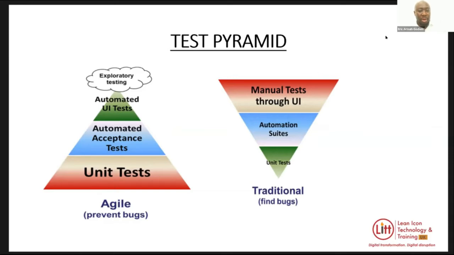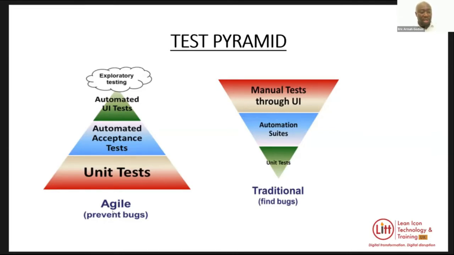Most of this manual testing is done at the UI level, right? What does that tell us? If you're doing unit testing, of course you come out with more tests.